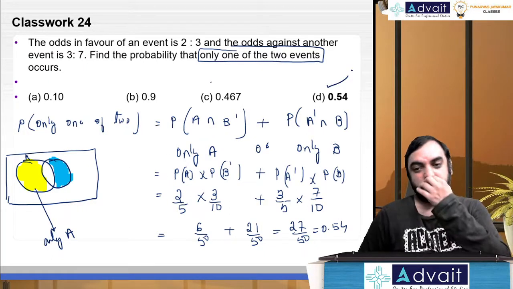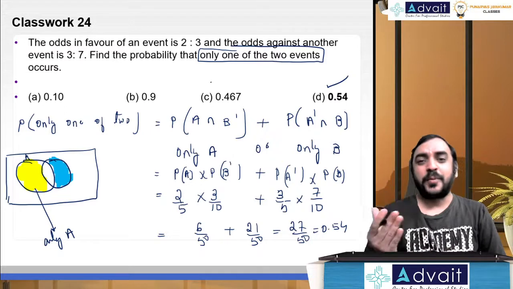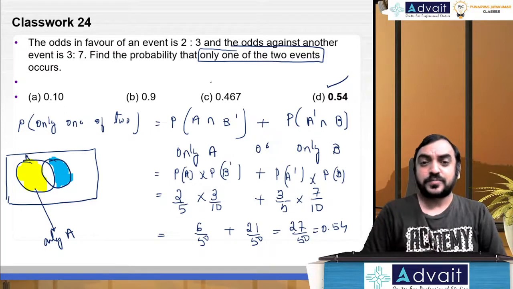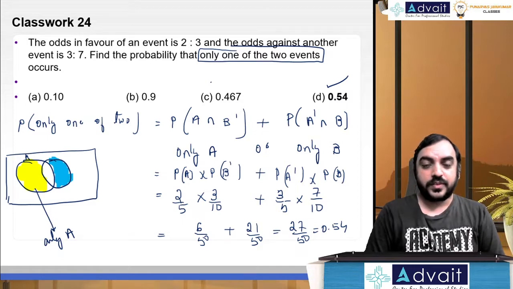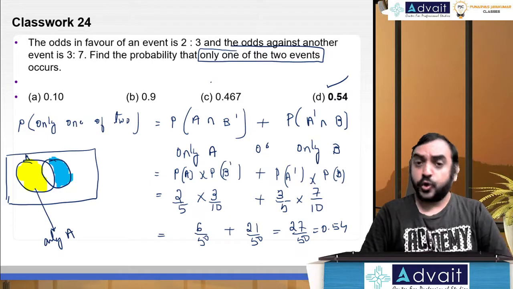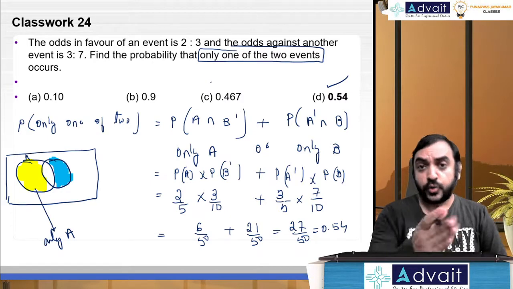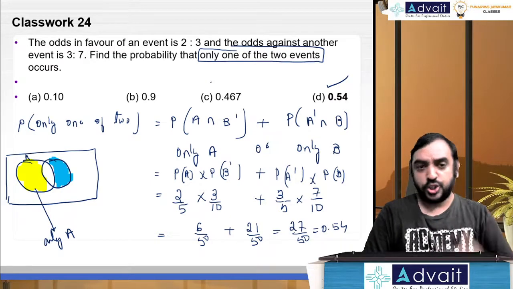0.54. Again, more than probability, these depend on your set theory more. But anyway, even if you don't have set theory knowledge, by looking at the graph and this explanation, you should be able to understand.